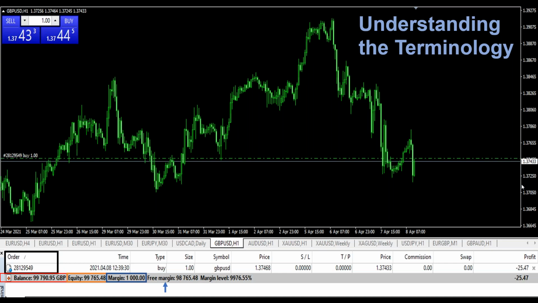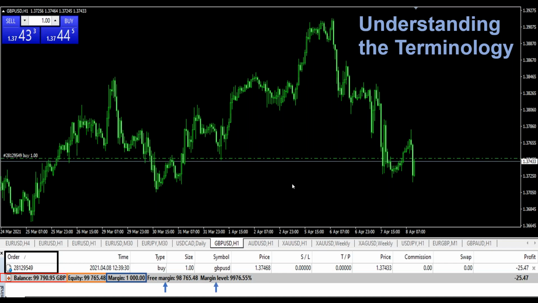Essentially, it is the amount available in our account to open additional positions and the amount that our current position can move against us before we receive what's known as a margin call. As I think I already said, as long as our equity level, this value here, remains above this value here, our margin, we will not receive a margin call. Again, I will touch on this in just a minute.